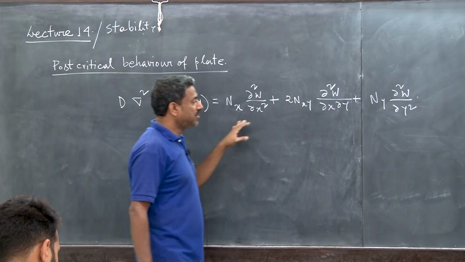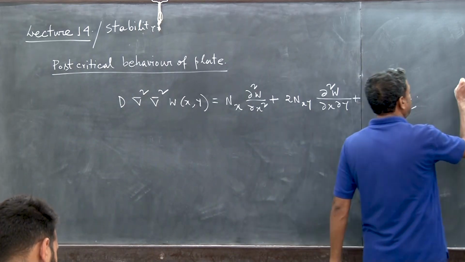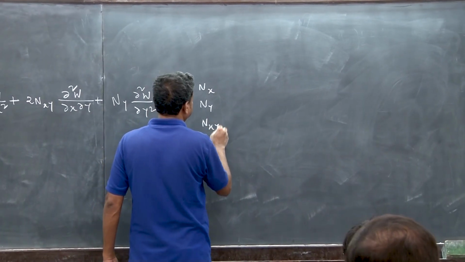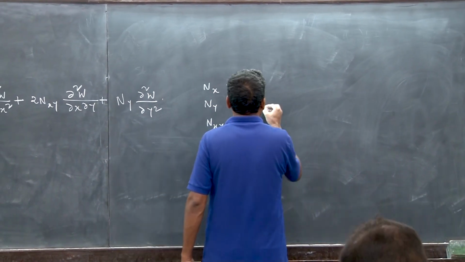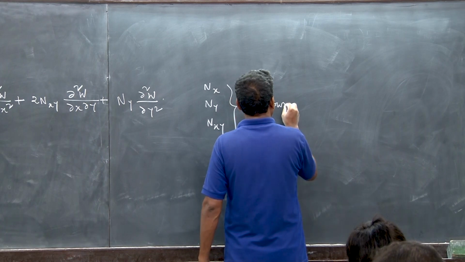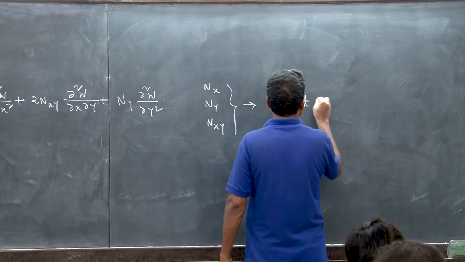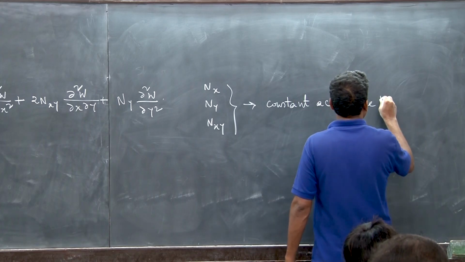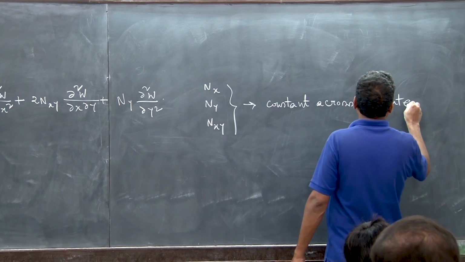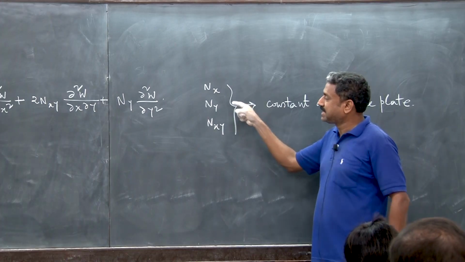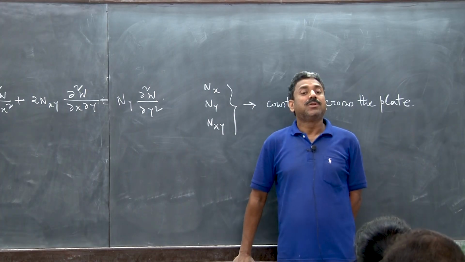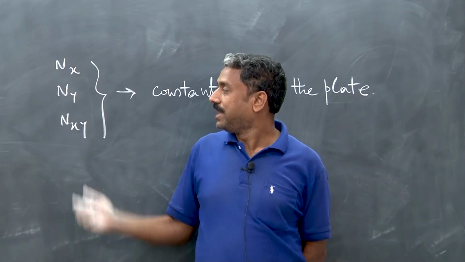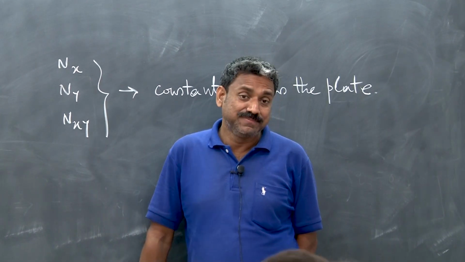And here we have assumed that Nx, Ny and Nxy are constant across the plate. They remain identical across, so there is no variation of Nx, Ny and Nxy, and that is how we found the critical values of Nx, Ny, Nxy, right?